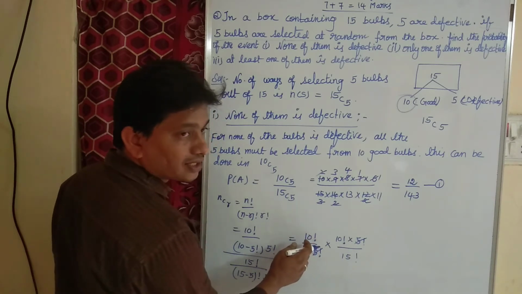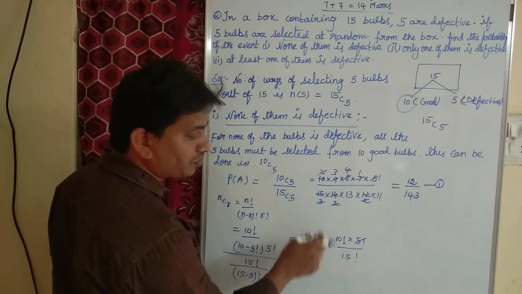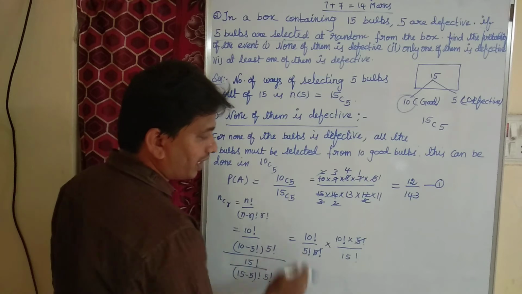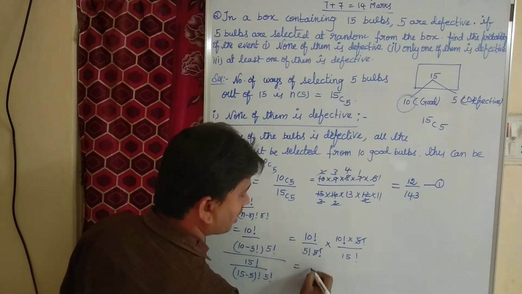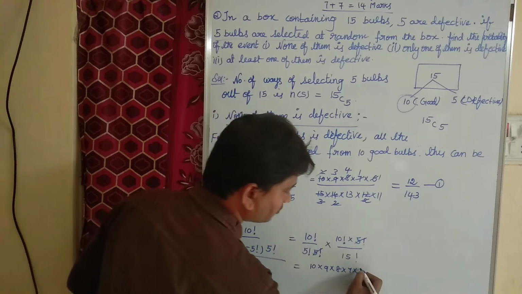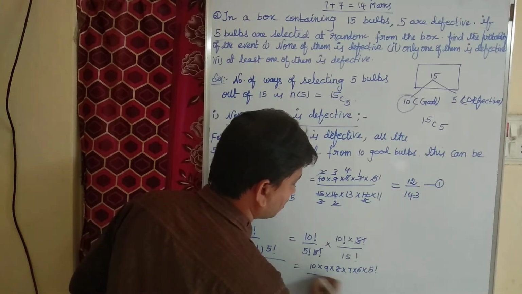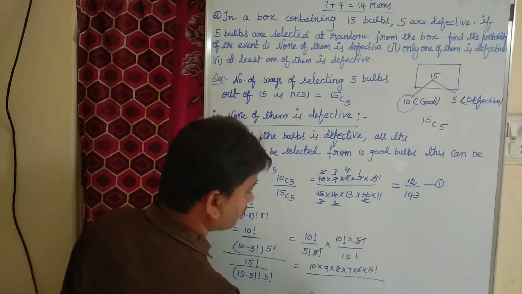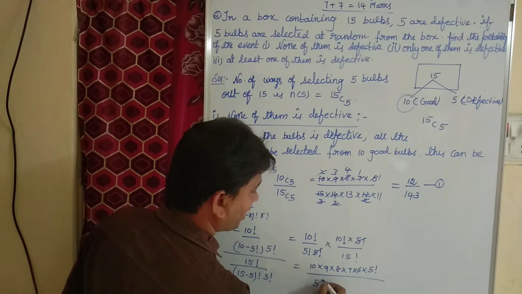Otherwise, you can write 10 factorial as 10 into 9 into 8 into 7 into 6 into 5 factorial, divided by 5 factorial. Let me write 5 factorial only.